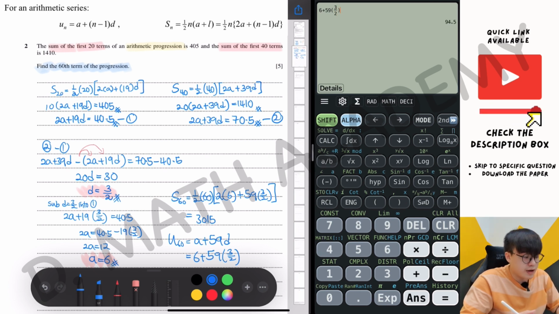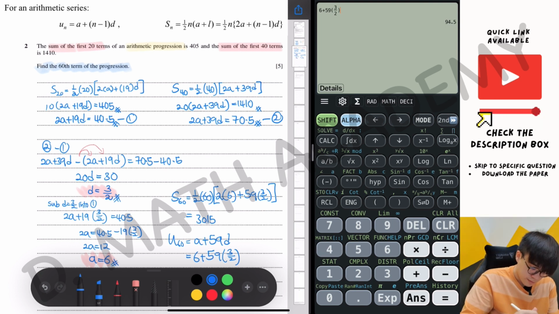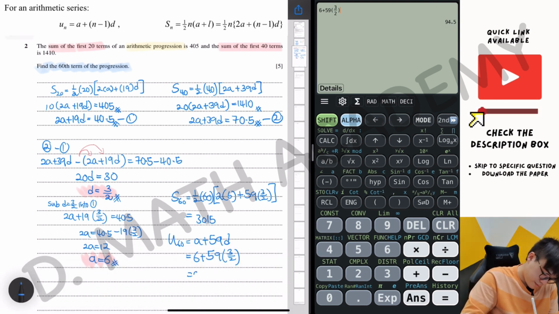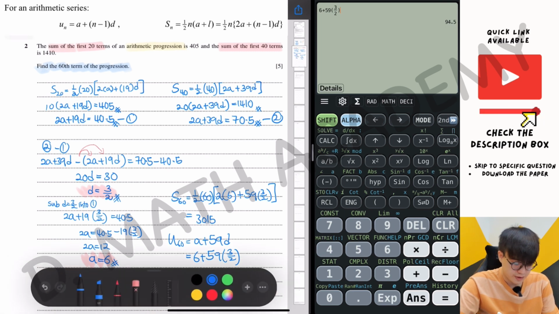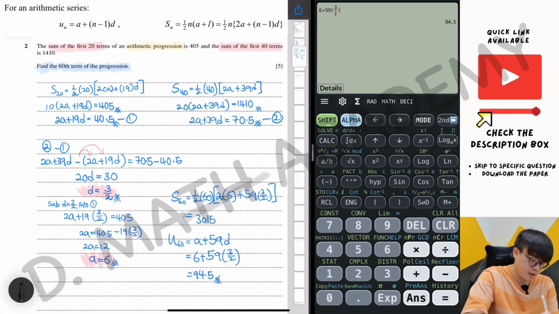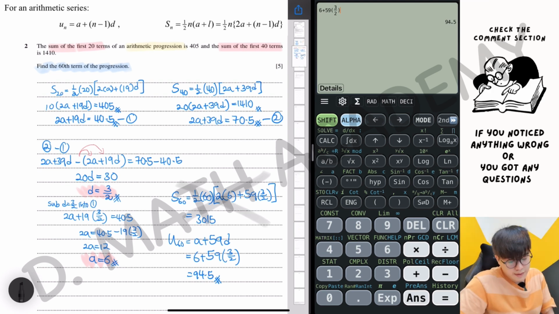You will get your final answer as 94.5. So this is how you secure the 5 marks here. Remember, this is not what they want. Don't get confused by it.